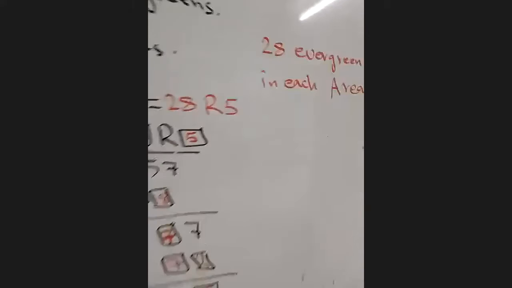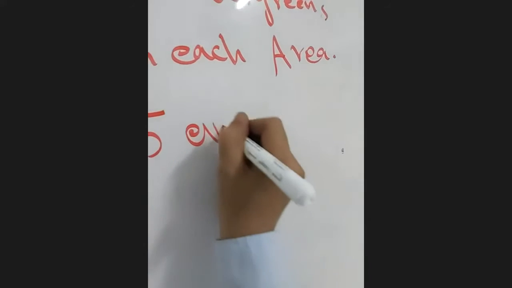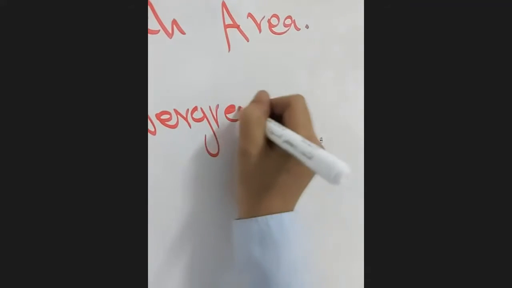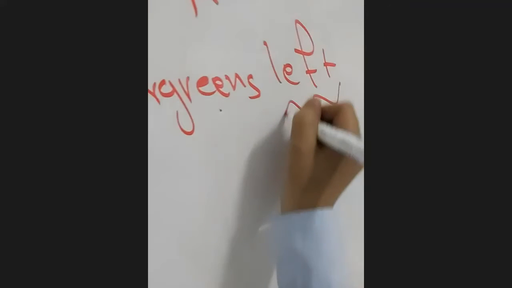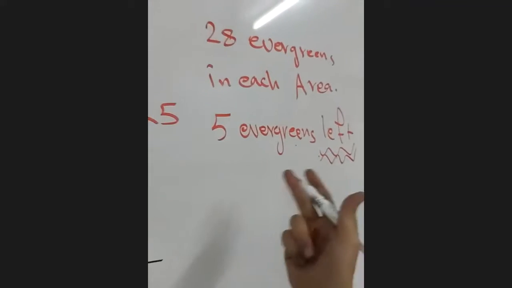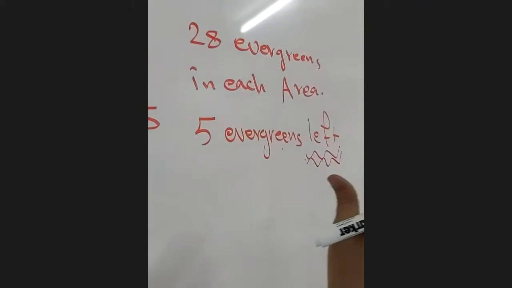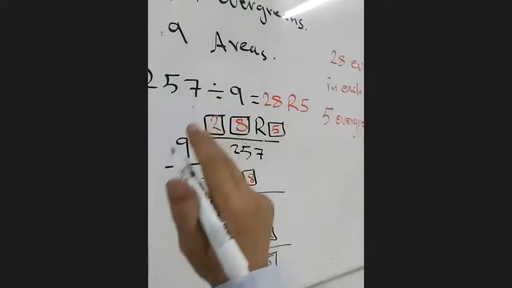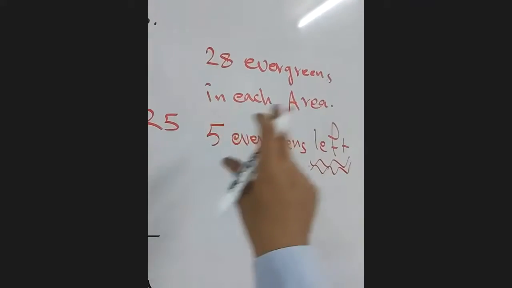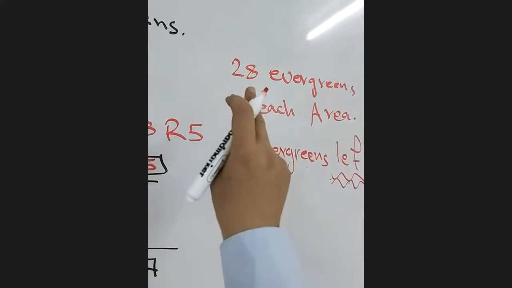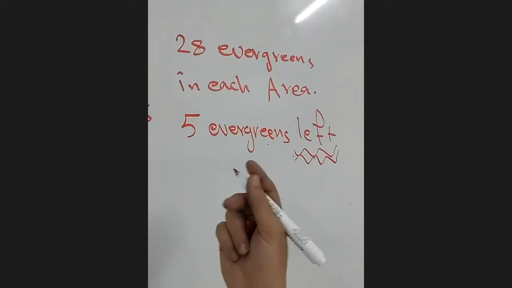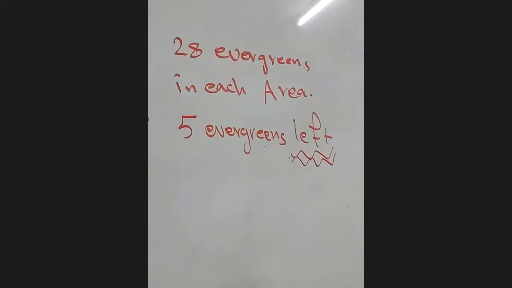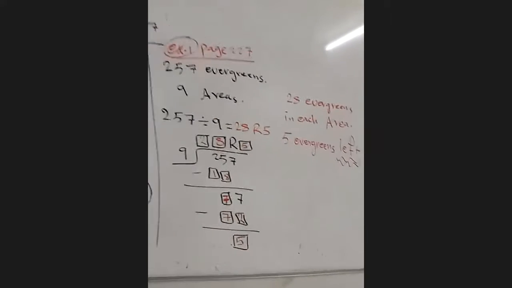We have 5 evergreens left, the ones we didn't plant. We finished the 9 areas. We fill the 9 areas with 28 plants in each one, and still how many evergreens didn't we plant? 5. We need another area to plant them.